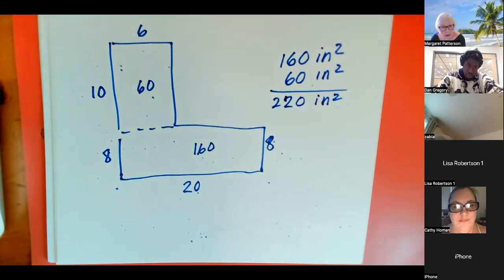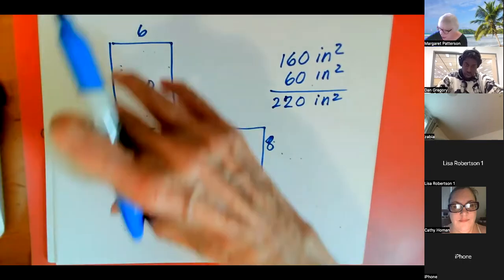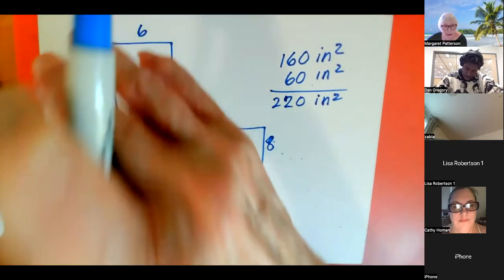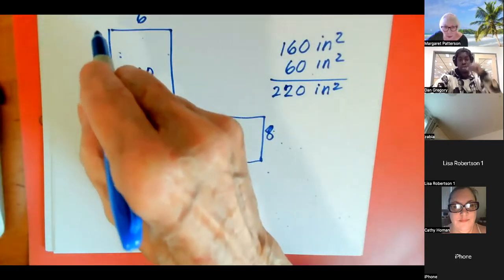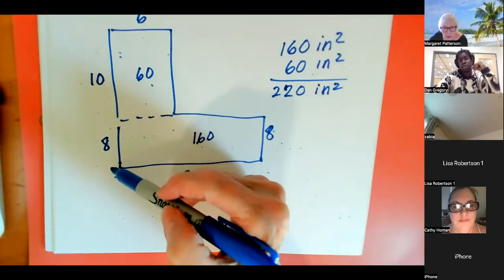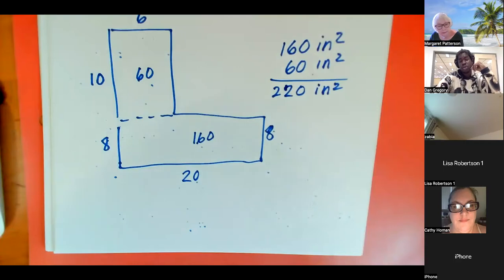You see how that happened? It was actually a good thing to happen because then you see the error. Because the whole thing was 18, and so when we just did this top piece, it was only 10 because this bottom piece was 8 already.